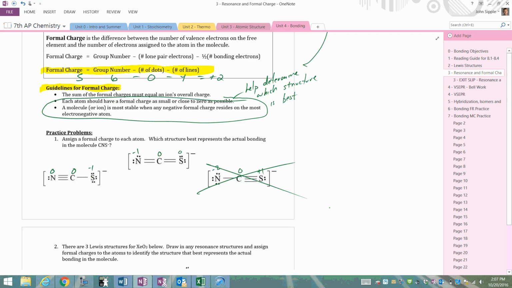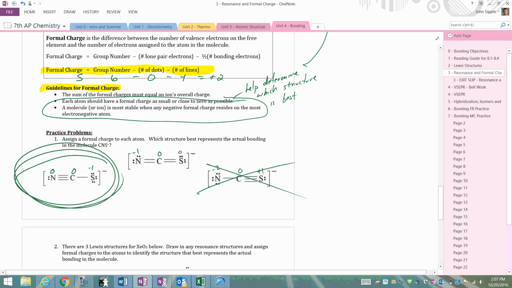So this is our best one. Because it's basically kitty corner, it's right next to it. Right, absolutely. So that's the one we want, because it's most electronegative. There you go.